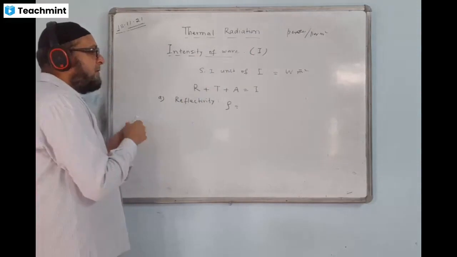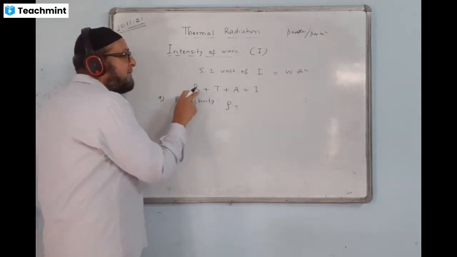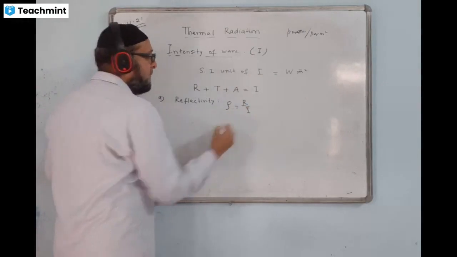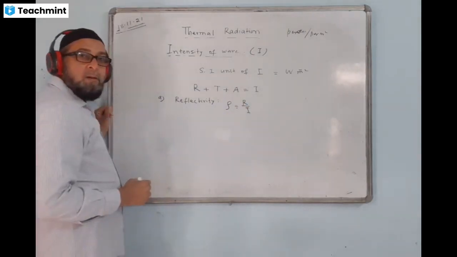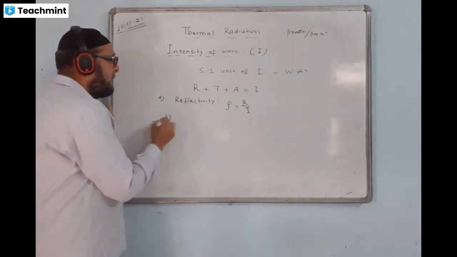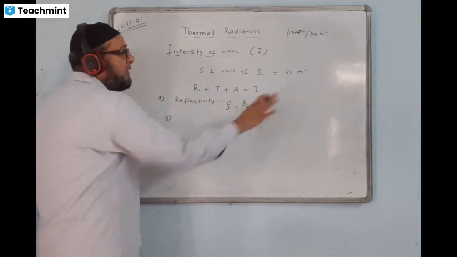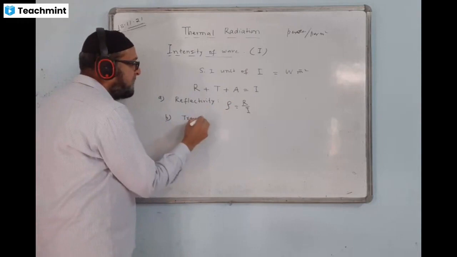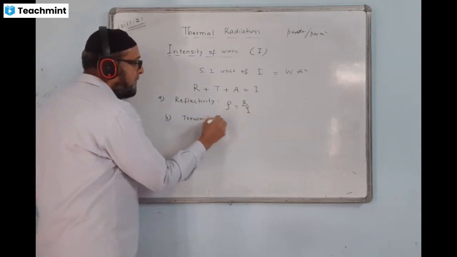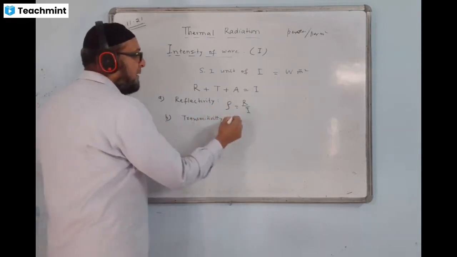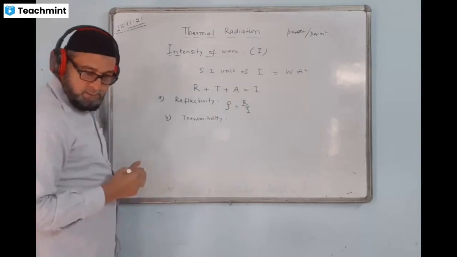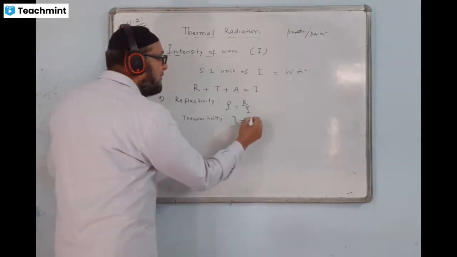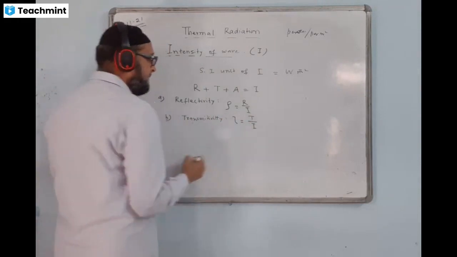That is calculated by this R out of the total value, so we write R by I. If percentage wise, we multiply by 100%. Next, transmittivity, that means transmission ability. That is denoted by the symbol tau, and it will be T by I.